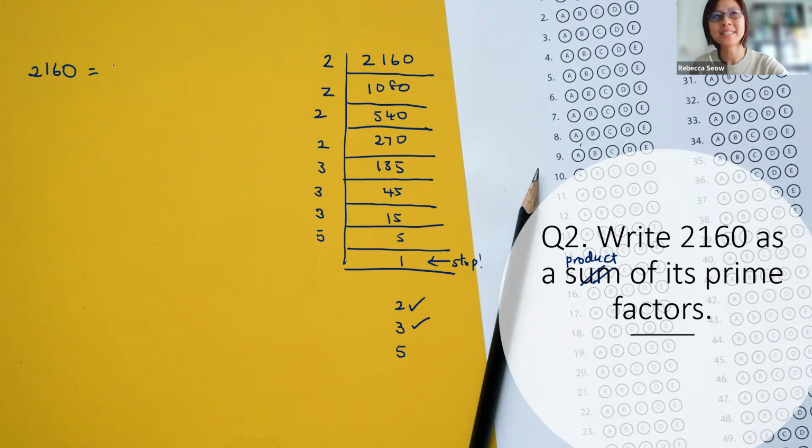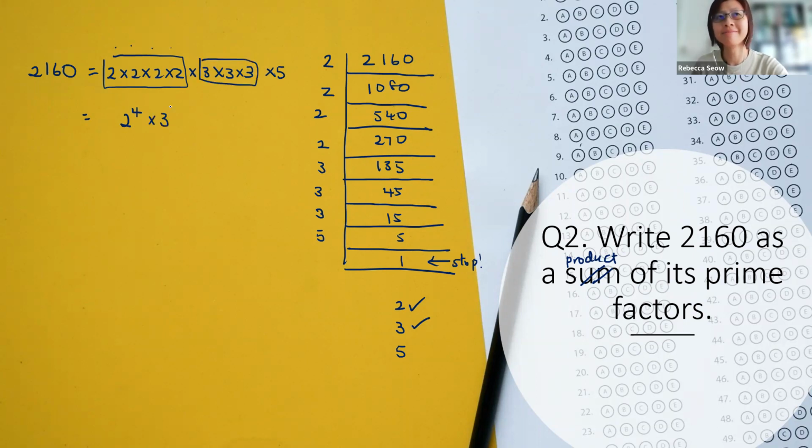So 2160 can be written as, all right. And how will we group them? The first 4, 2 to the power of 4, because 2 repeats itself 4 times over. 3 to the power of 3, and 5. So this would be the breakdown of 2160 as a product of its prime factors.